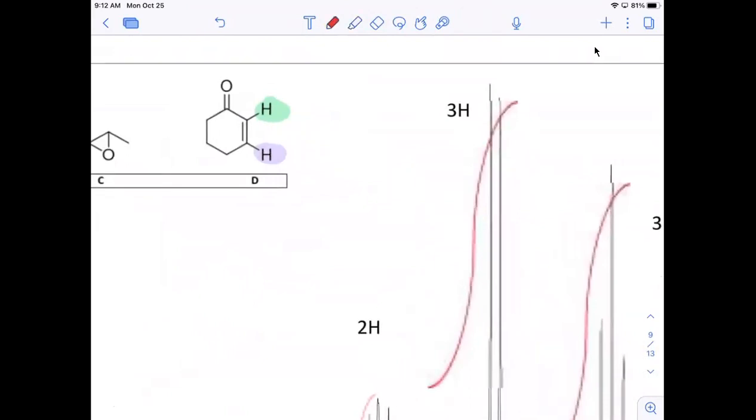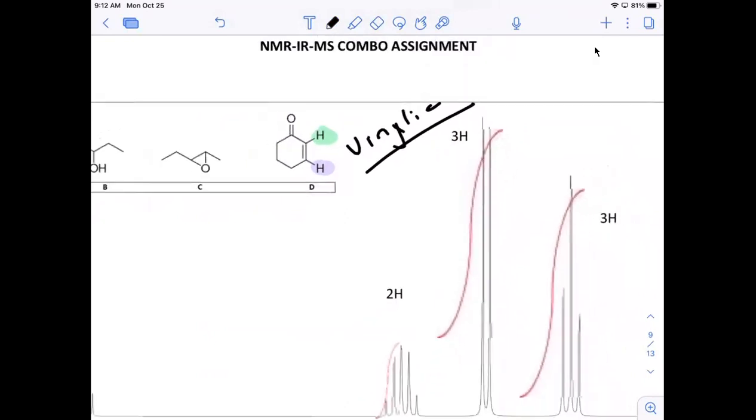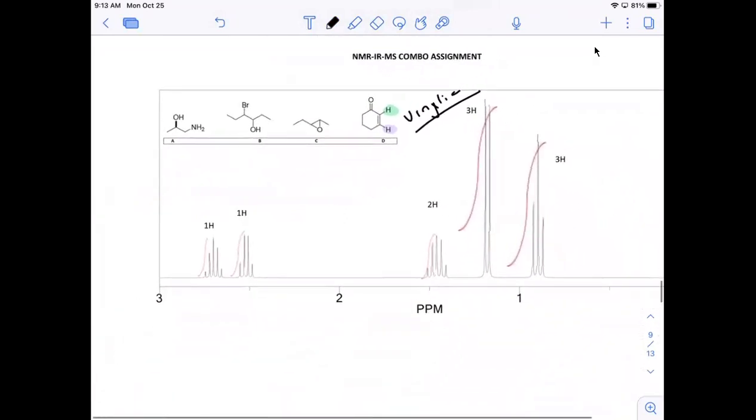These are what we call vinylic protons. We talked about that. It's been a few days, but you've got to look back at the chart that was presented. It's a vinylic proton, so they show up somewhere between 5.5 and 6.5, right? But you don't see that on this spectrum.